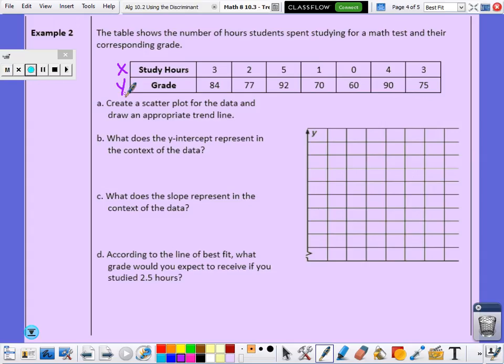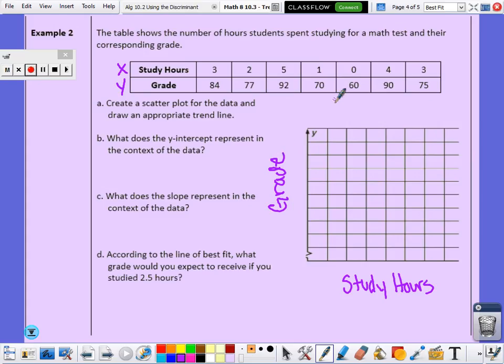Okay, so scatter plot, first we want to start with labels. If X is my study hours, I'm going to label my X-axis study hours. If Y is grade, I'm going to label my Y-axis grade. And we need to give this graph a title. What kind of title? Something that pertains to the table.